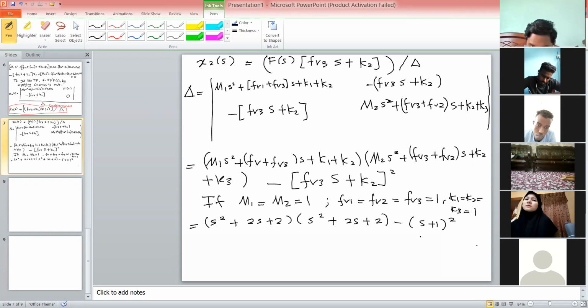Okay, so we need to solve this equation. This is going to be a long question. If I show you step by step, it's going to be long, so I just simplify it.